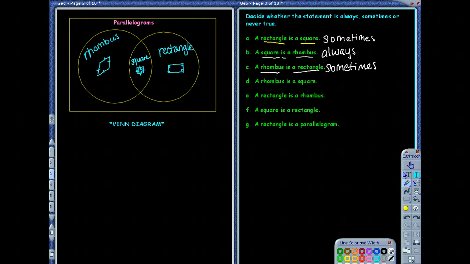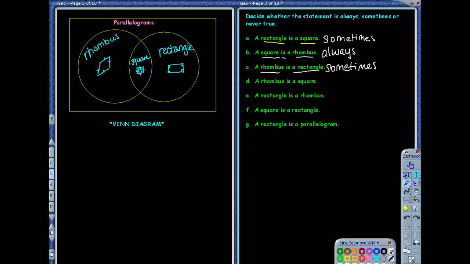And where they connect in that Venn diagram, notice how they overlap, is where the square region is. So rhombuses could be rectangles if it's a square. Or vice versa, a rectangle could be a rhombus if it's a square. So it's a sometimes because it could be a square. If you look at the overlapping part in the Venn diagram, that kind of gives it away too. But you're right, it only happens when it is a square.